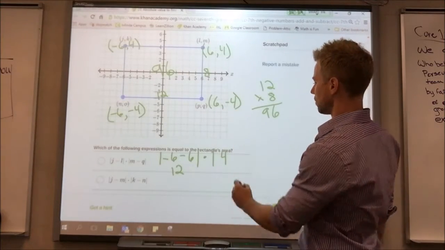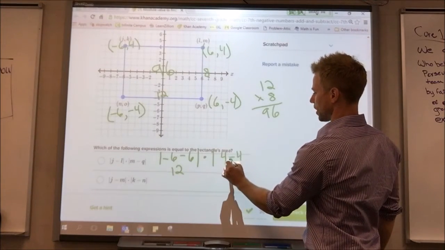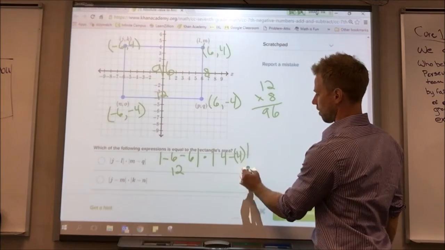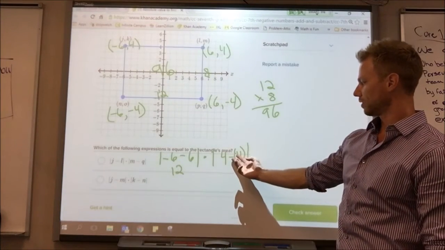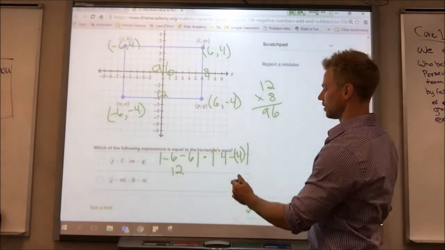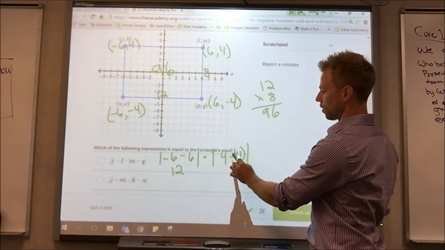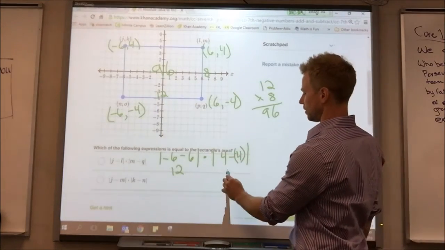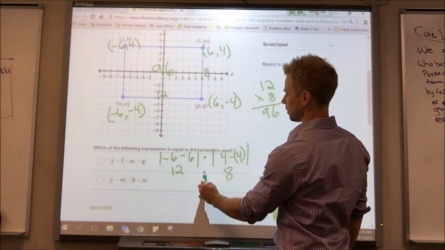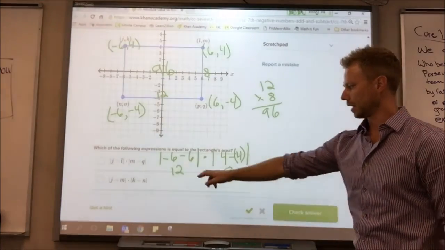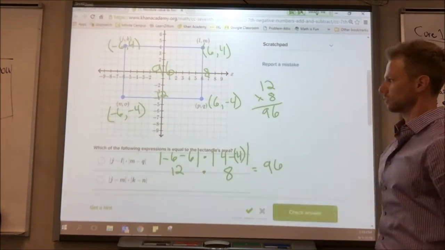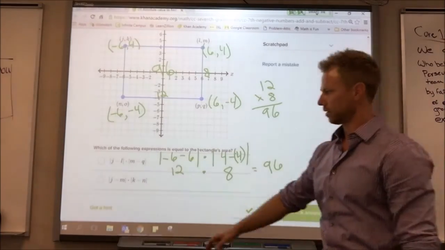Q is -4, so we're going to subtract a -4. Two like signs become a positive, so that actually turns into 4 plus 4, which is 8. Absolute value of 8 is still 8. Now look at that, the first one worked. I have 12 times 8, which we know is 96, and that's going to give us the area of the rectangle.